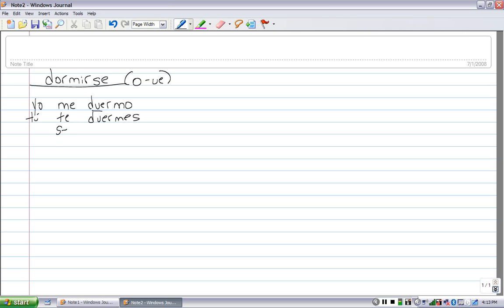The he and she form would be se duerme. The nosotros would be nos dormimos, because there is no stem change in the nosotros form. And then the last one would be se duermen.